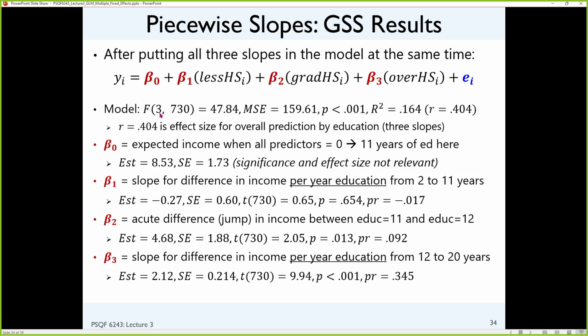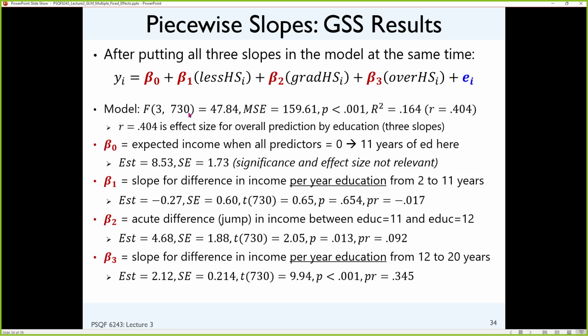Yep, and the 3 is called numerator, and the 730 is called denominator. Why is this 3? What does 3 refer to? Yep, number of slopes. And the 730? Yeah, number of slopes that I could have had.